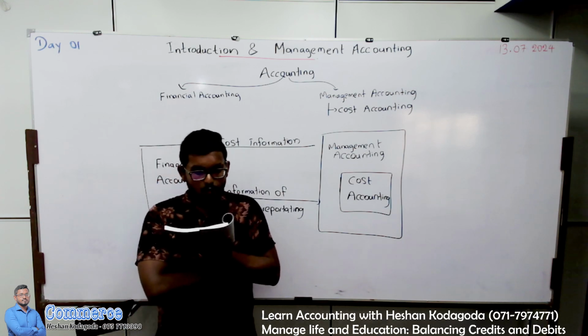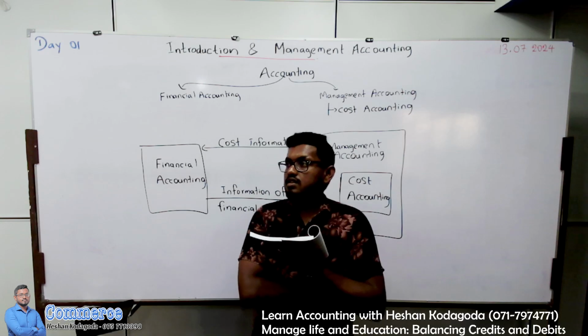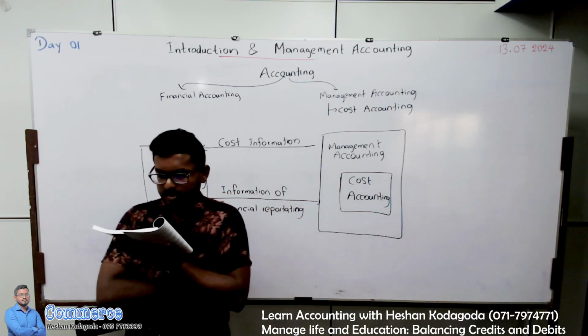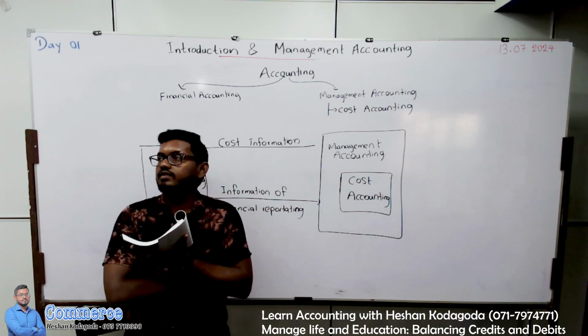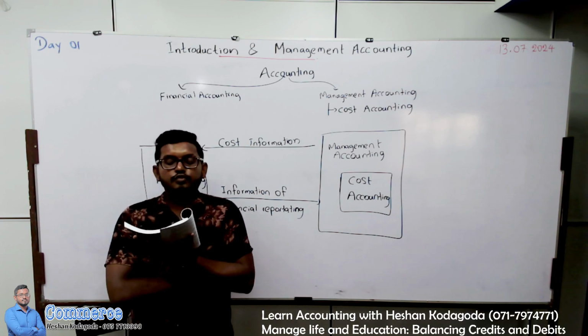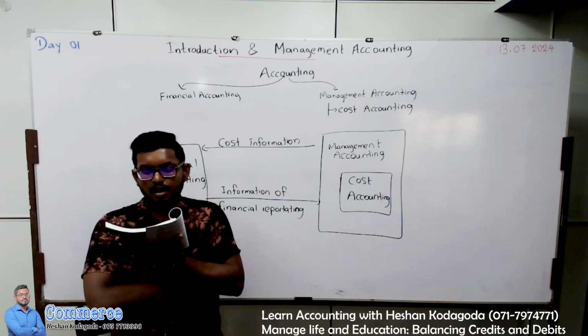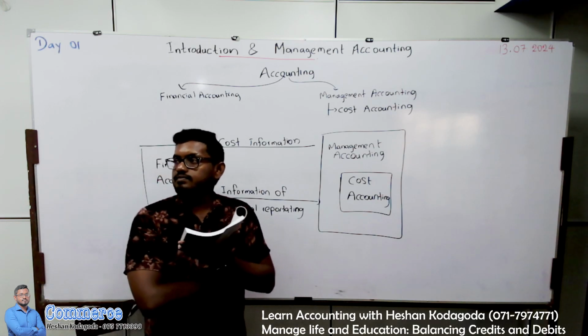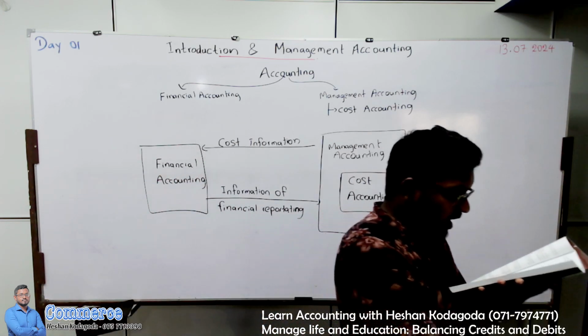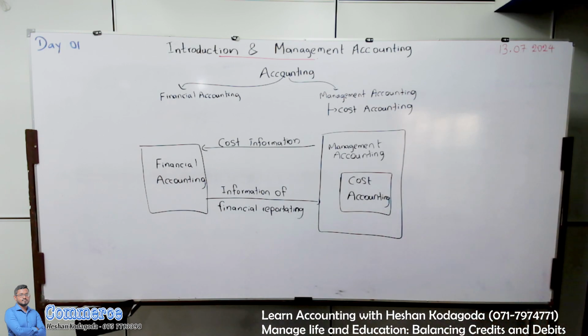Small things. Cost of a product or a service is estimated in cost accounting, and it is used for the valuation of inventories. Cost of inventories are required to prepare the income statement and the statement of financial position for external reporting.